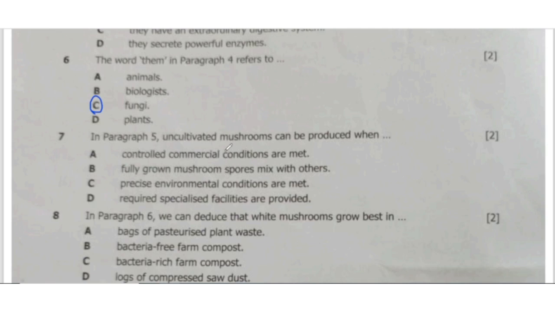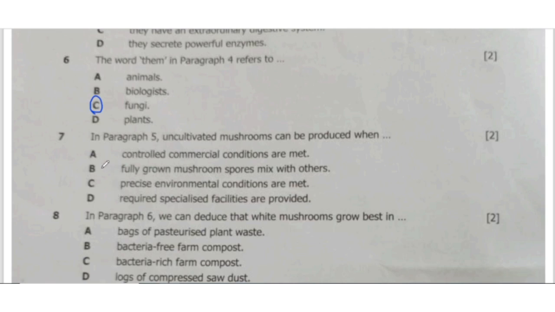No, this is uncultivated. Fully grown mushroom spores mixed with others. Yes, we read about this in our reading. C, precise environment conditions are met. D, required specialized facilities are provided.